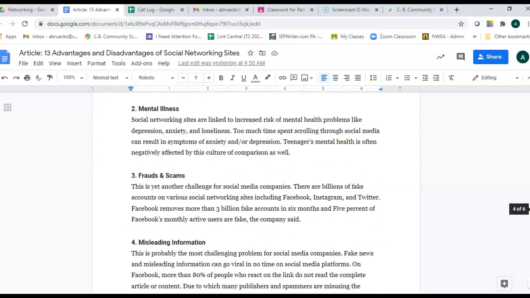Number two, mental illness. Social networking sites are linked to increased risk of mental health problems like depression, anxiety, and loneliness. Too much time spent scrolling through social media can result in symptoms of anxiety and/or depression. Teenagers' mental health is often negatively affected by this culture of comparison as well.